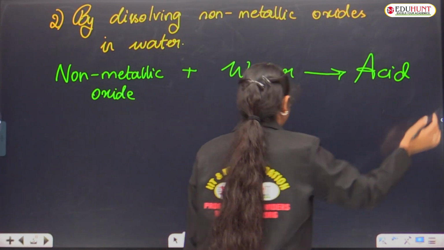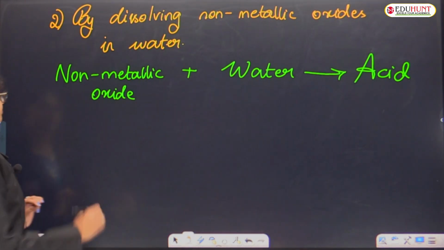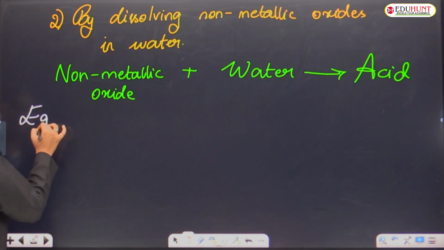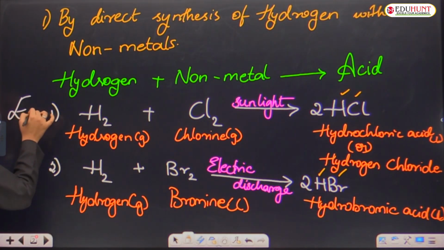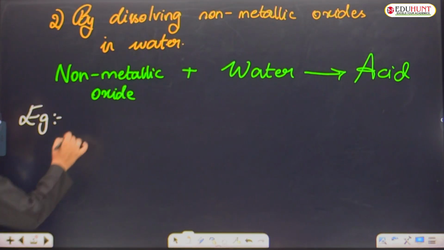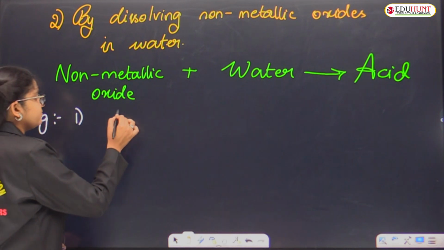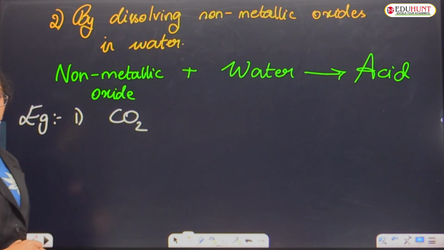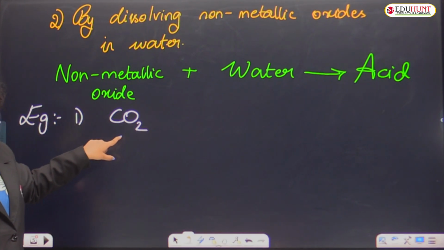Very good. Now, we'll move to the examples section. Example number 1. Let's take a non-metallic oxide such as carbon dioxide. Carbon is a non-metal, children. O2 is oxygen.